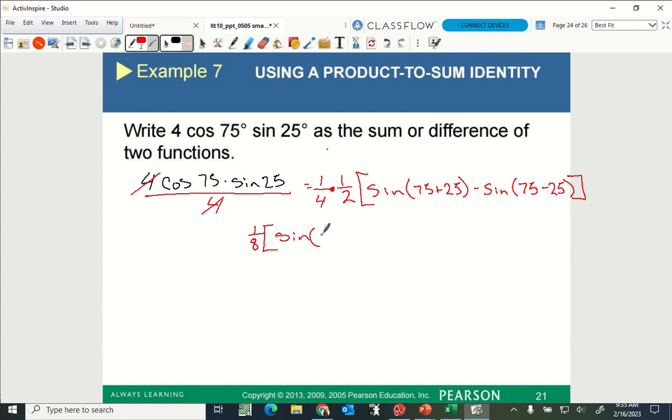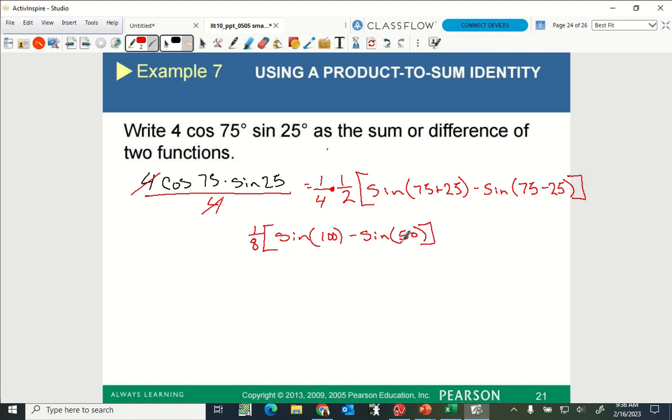Yeah, 100, minus sine of 75 minus 25, which is 50. So I could leave the 1/8 out here, or I could distribute it in, but that's what it comes out to be. So it's a sum or difference of two functions.